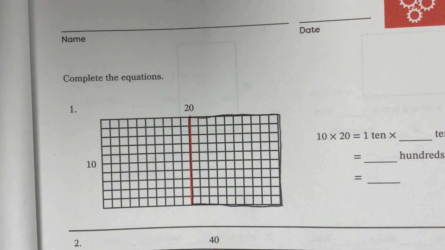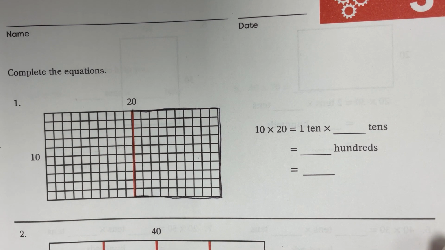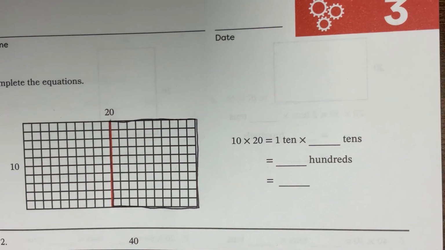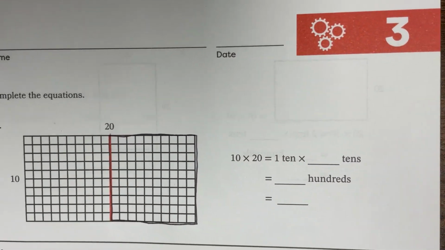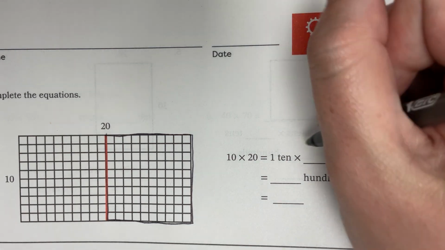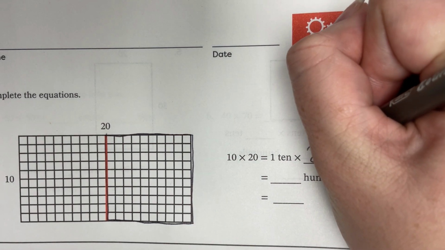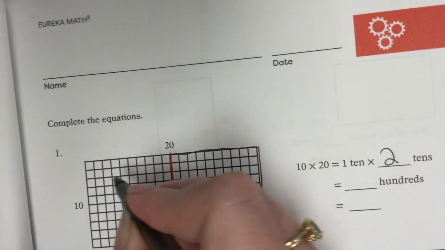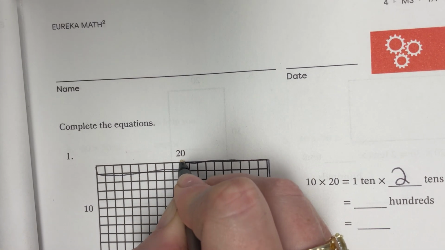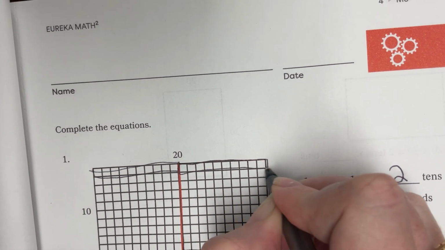So when we look at our equation, 10 times 20 shows our 1 ten on the side multiplied by 2 tens, which is kind of an interesting way to think about it. The 2 tens in the picture that we're multiplying 10 times are right here. So here's our 2 tens right there.